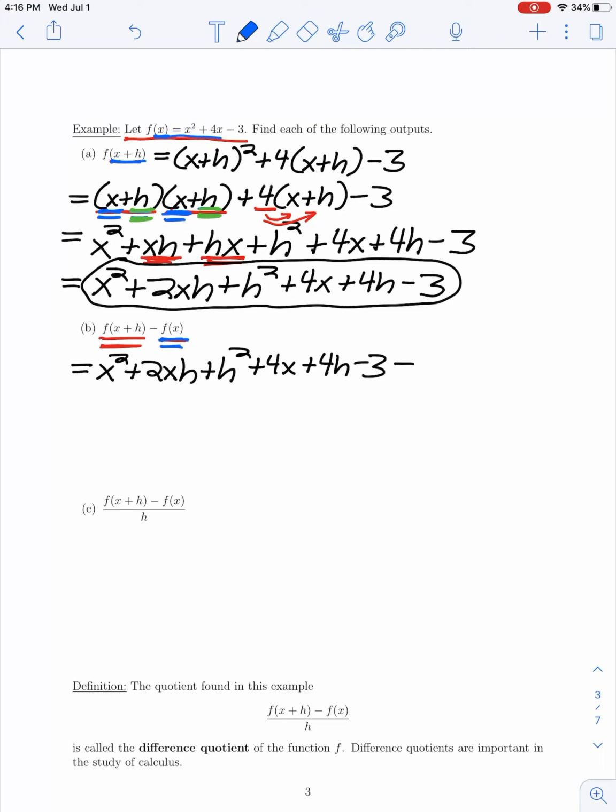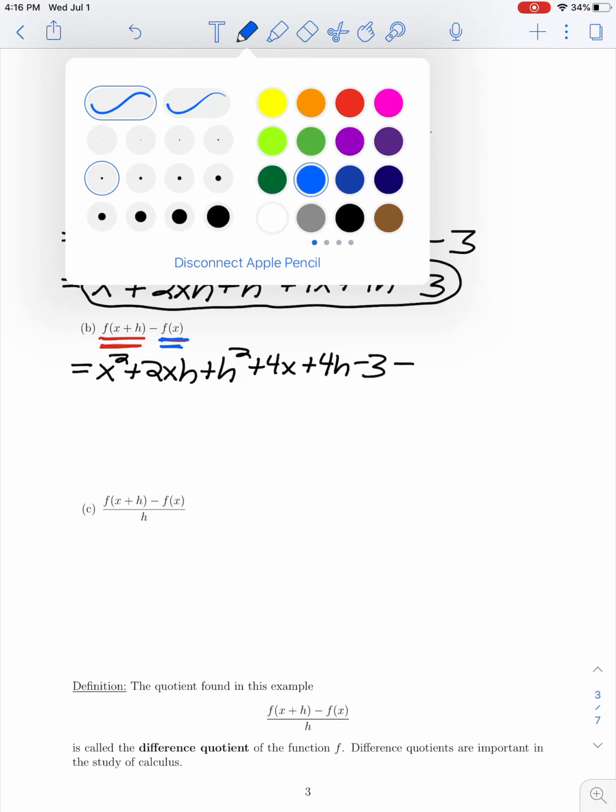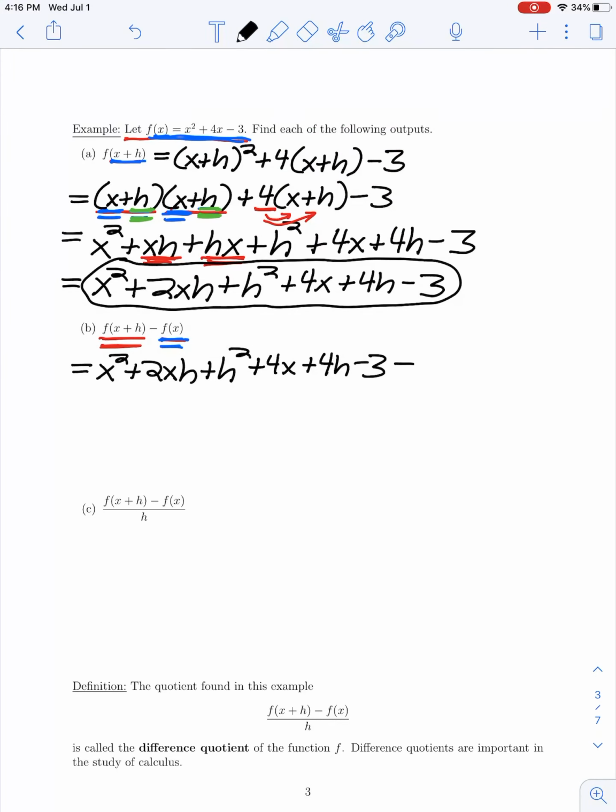Now f of x, remember, was our original function up here, x squared plus 4x minus 3. And we're subtracting that entire quantity, x squared plus 4x minus 3.